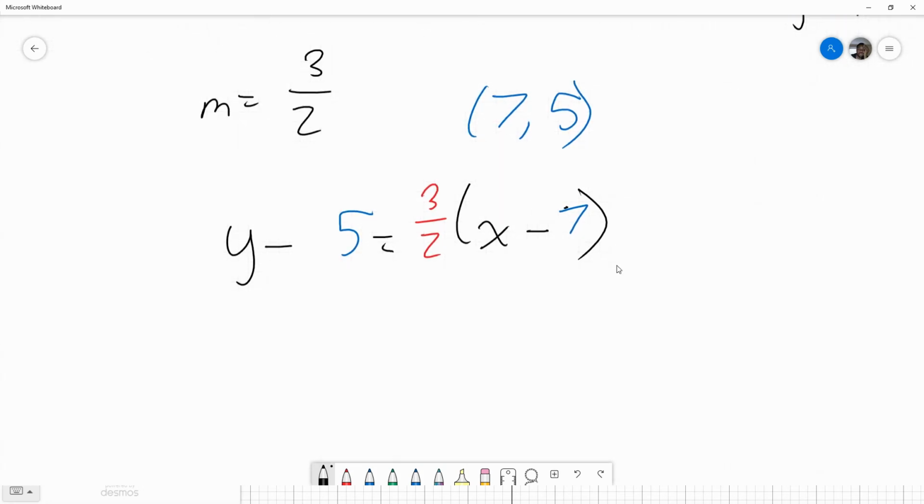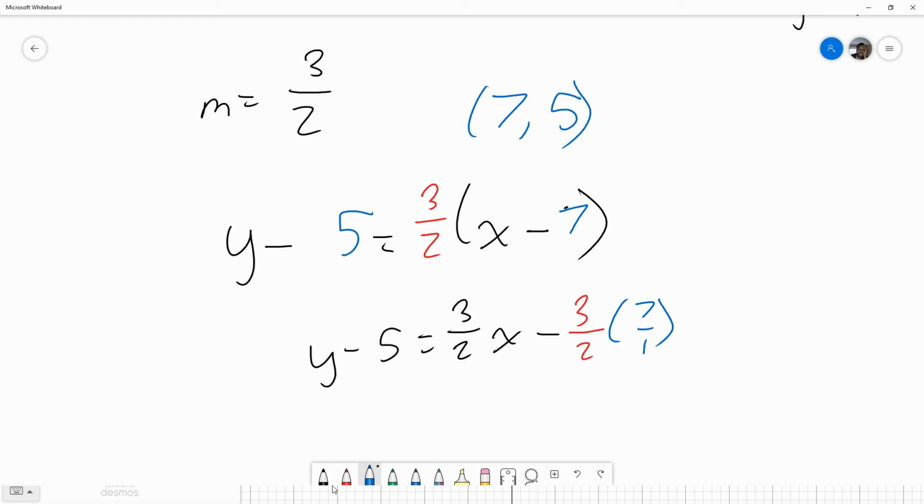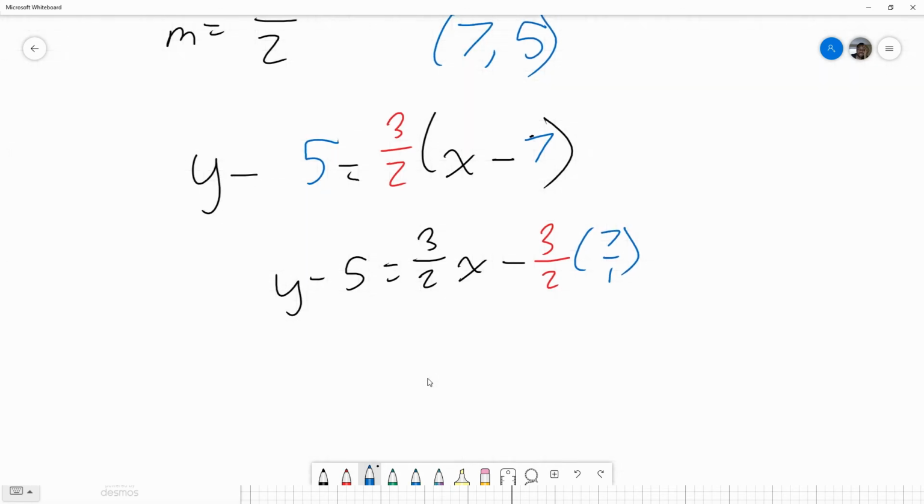Well, do the process. Y minus 5 equals 3/2 times x minus 3/2 times 7. So this becomes y minus 5 equals 3/2 x minus 3 times 7 is 21. 2 times 1 is 2. And I'll add 5 to both sides.